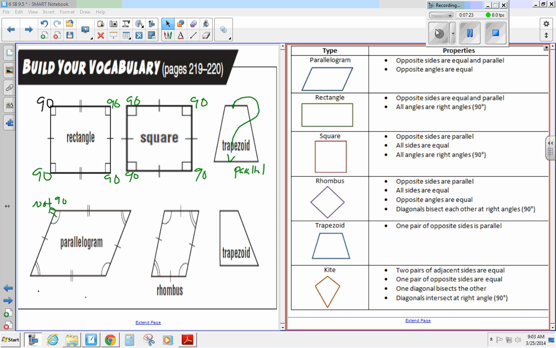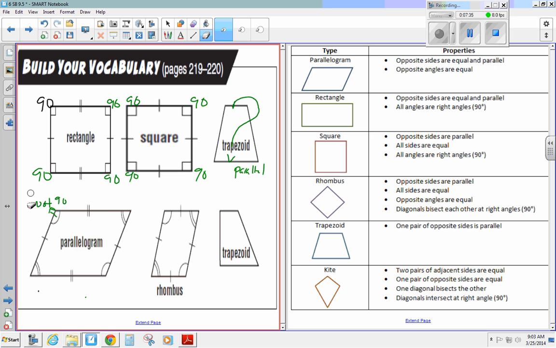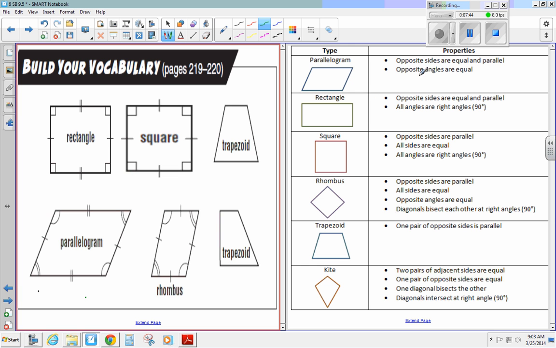All right, so this is something that is in your book, but not in your note-taking guides. It tells you a little bit about each of these. A parallelogram: the opposite sides are equal and parallel. So right here, see how these opposite sides are equal because there's this dash, and they're parallel.